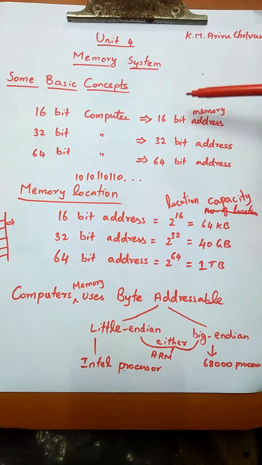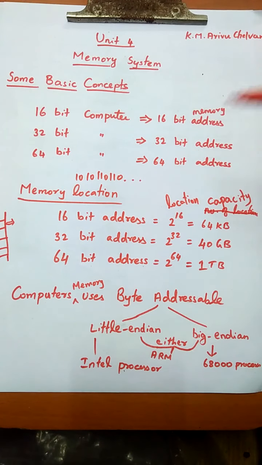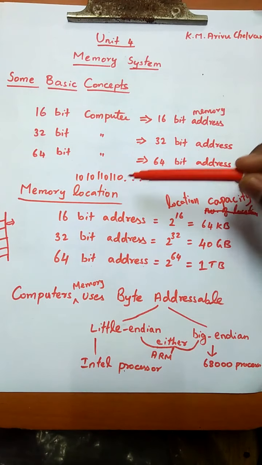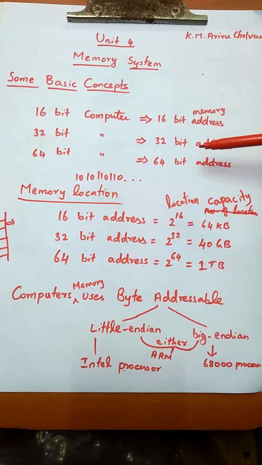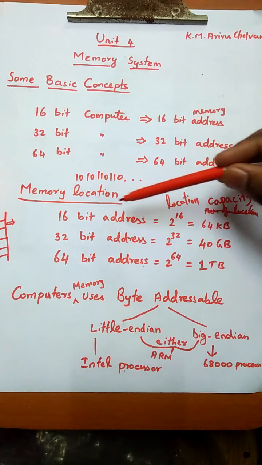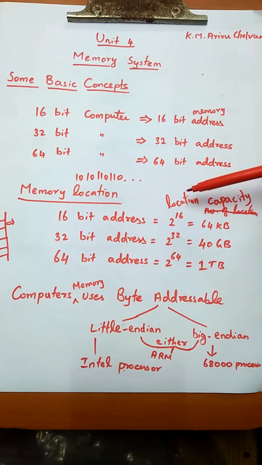If it changes, the number of available locations also changes based on this value. If it is a 16-bit address, the possible locations are 2 power 16, and its capacity is around 64 KB.